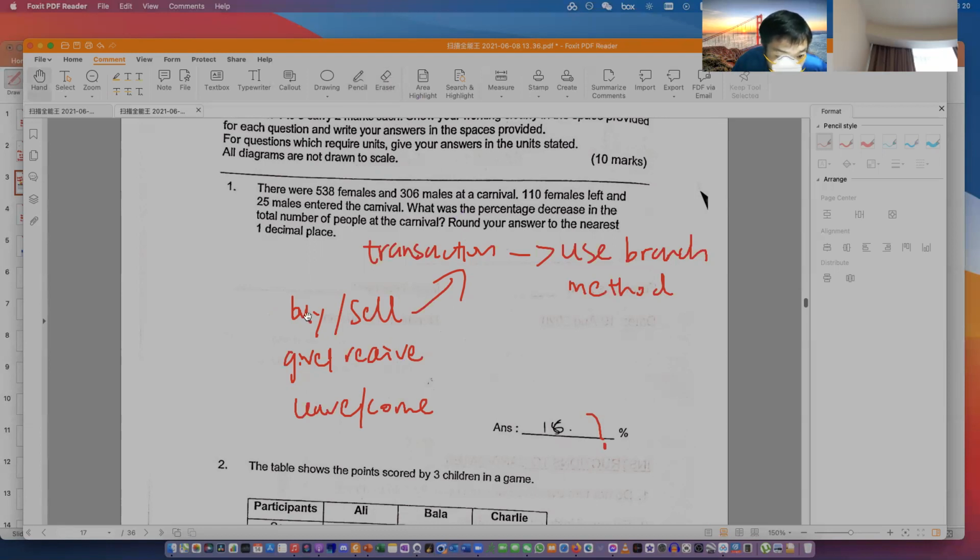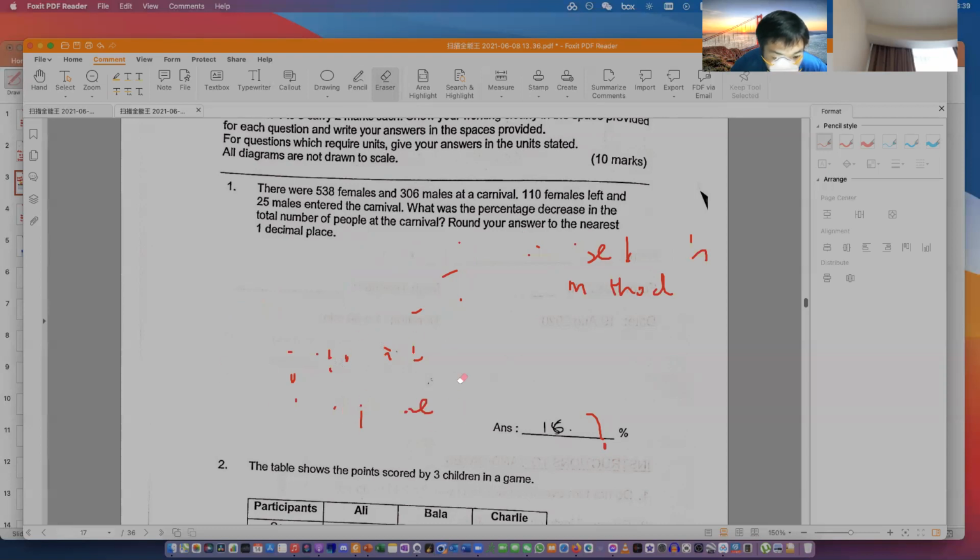Okay, let me erase this first. Let me erase the words here so that I have more space. So I'm going to use the branch method.